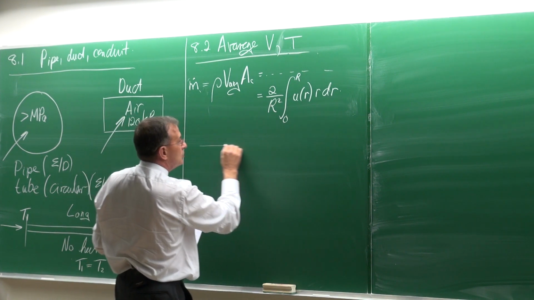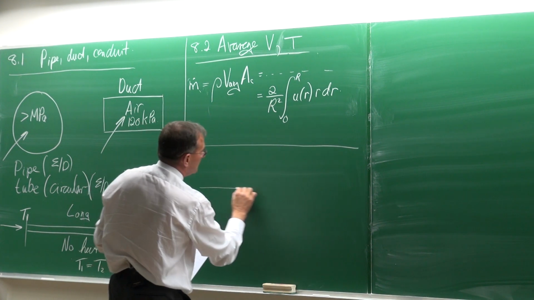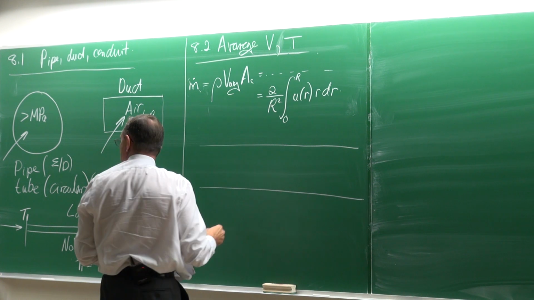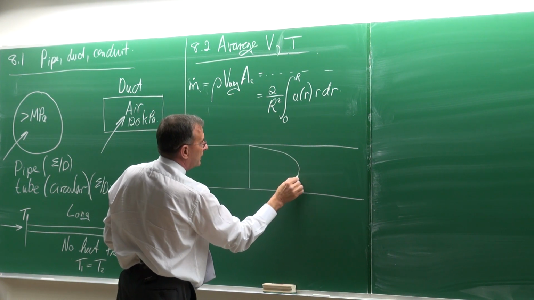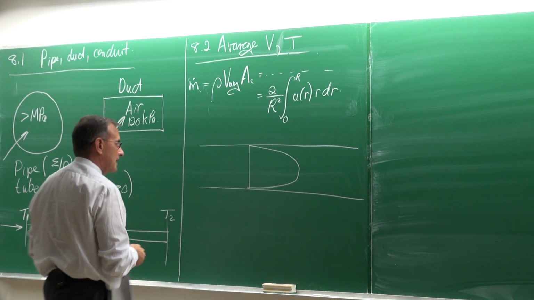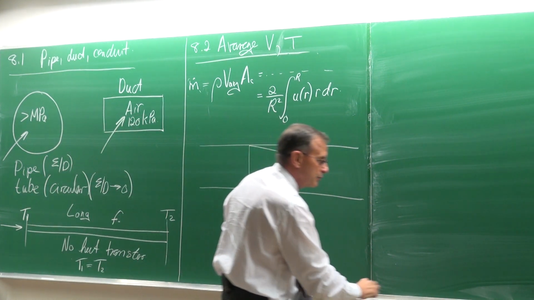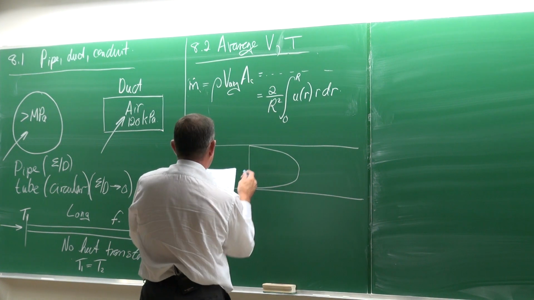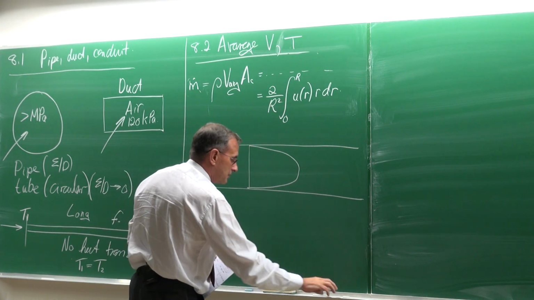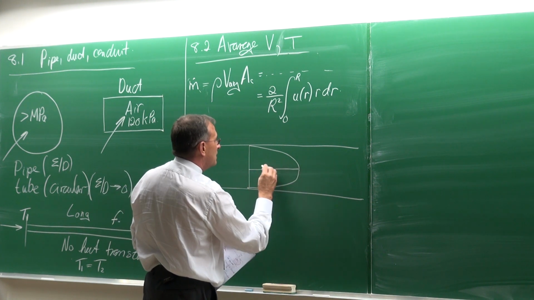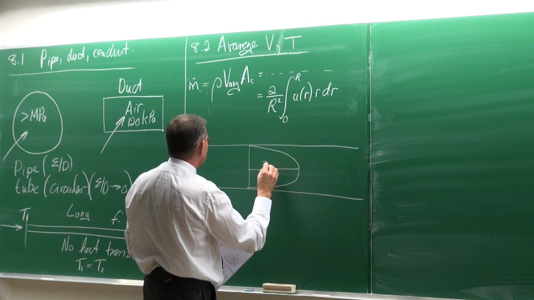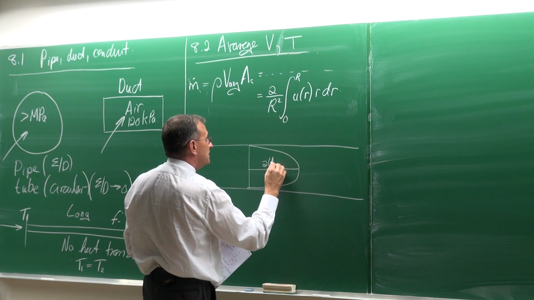You also know that for laminar flow, the velocity distribution would be parabolic, like that. Parabolic velocity distribution. And the maximum velocity can be 2 times the average velocity.